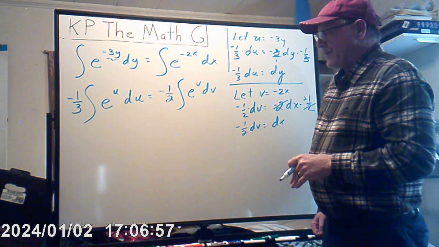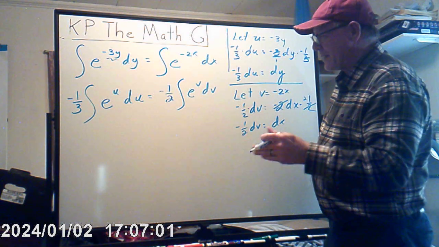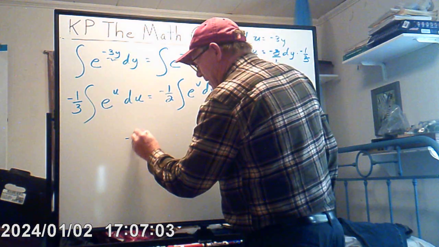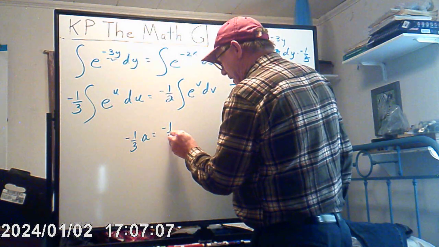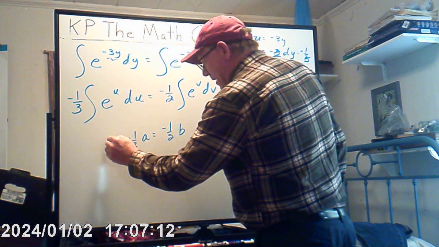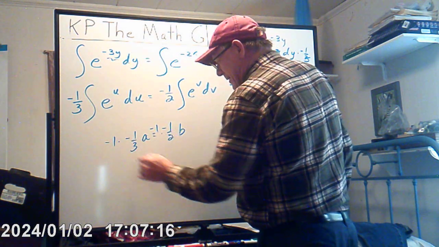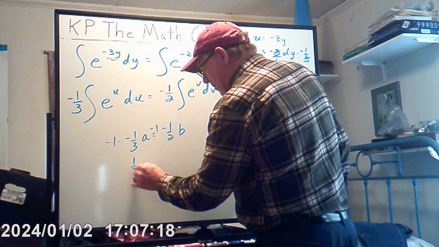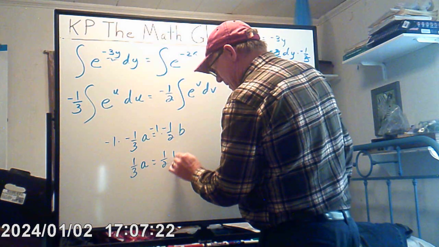Now, one thing I can do, it's kind of like if I had negative 1/3 a is equal to negative 1/2 b. I could multiply both sides by negative 1, and the negatives just go away. So 1/3 a is equal to 1/2 b.